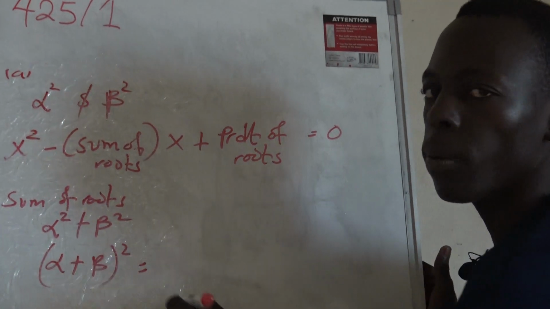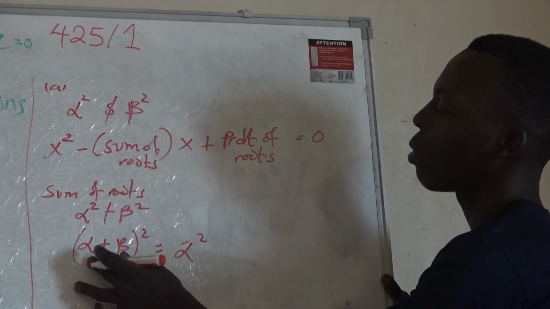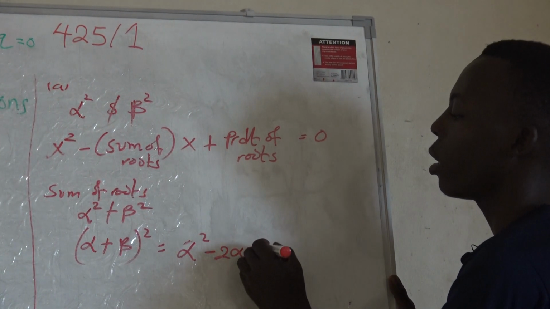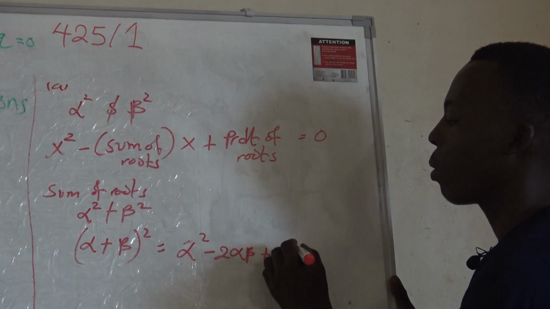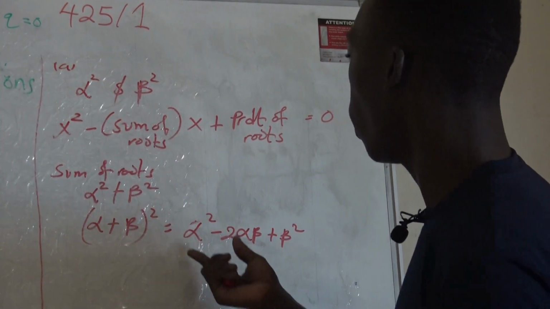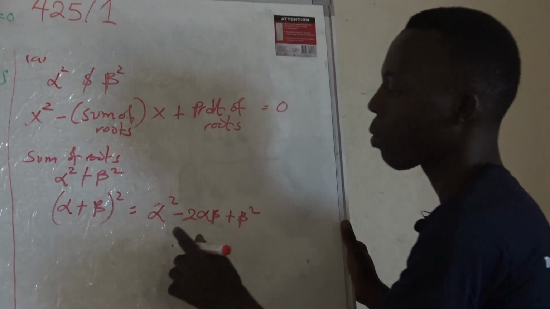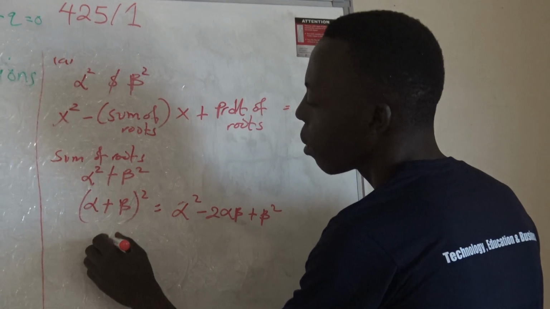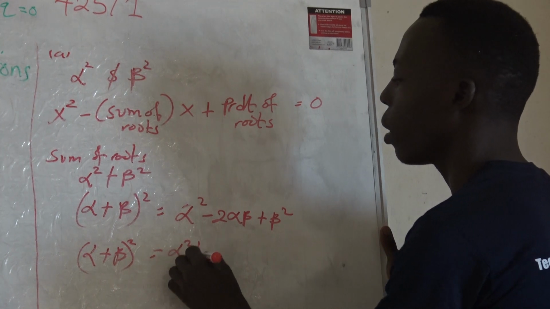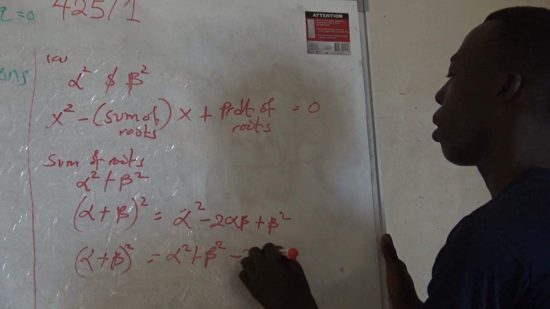So alpha plus beta, squared, when you expand this, becomes alpha squared plus 2 alpha beta, then plus beta squared. After getting this, we bring the squares together, so alpha plus beta squared will give us alpha squared plus beta squared plus 2 alpha beta.